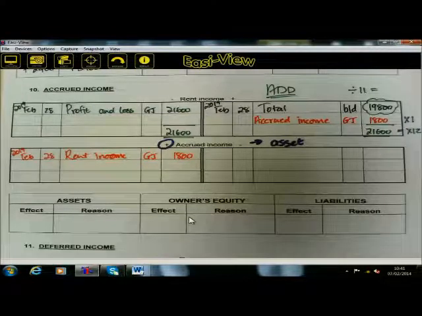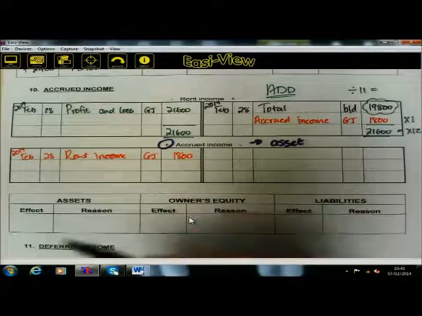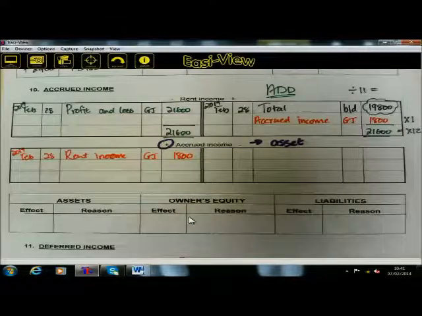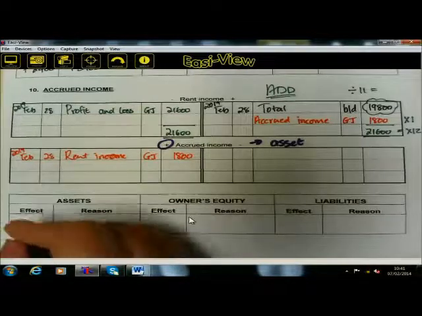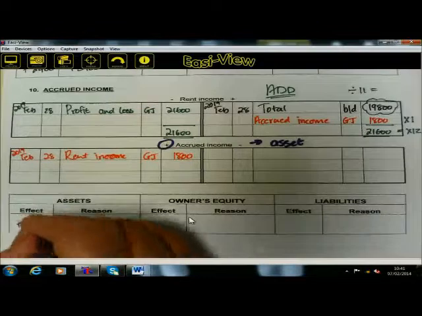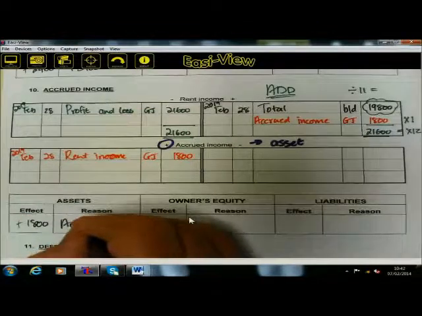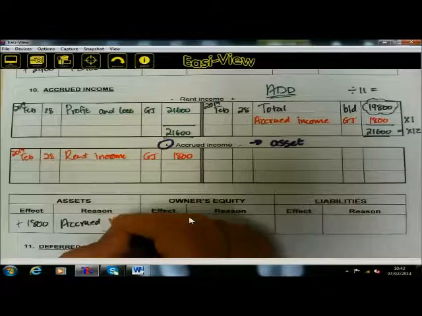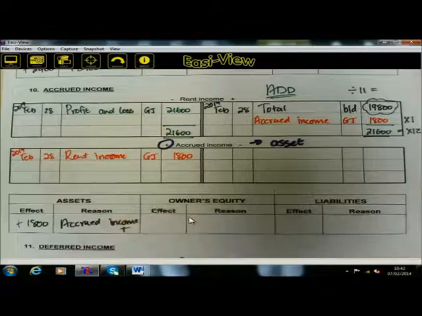And that we are going to put in the note in the balance sheet for trade and other receivables together with your debtors. There's a plus 1,800 in the assets because accrued income becomes more.